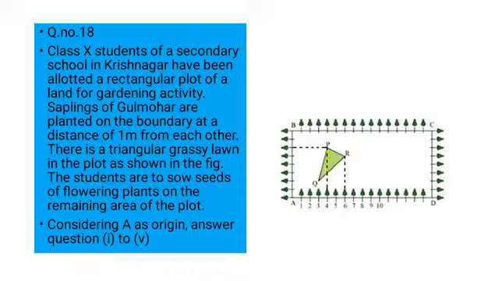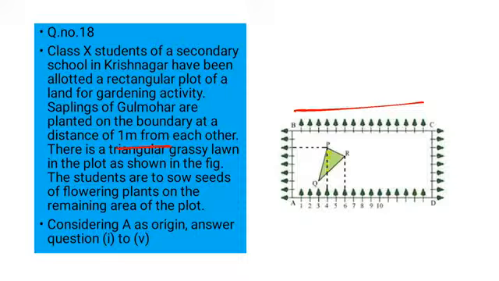Saplings of gulmohar are planted on the boundary at a distance of 1 meter from each other. There is a triangular grassy lawn in the plot as shown in figure. The students are to sow seeds of flowering plants on the remaining area of the plot. So we have to answer.